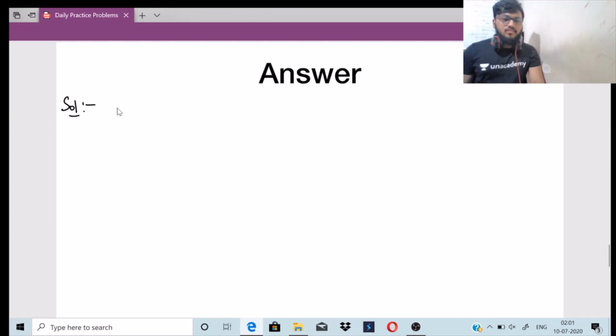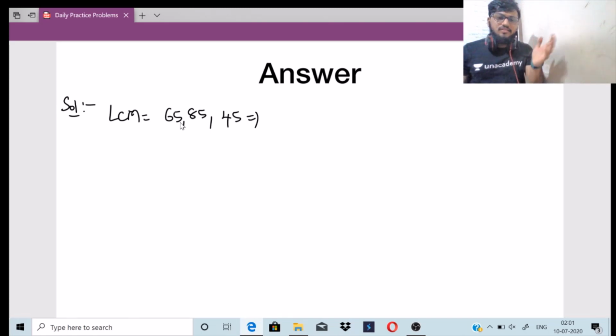So at first what we will do is find out the LCM of 65, 85 and 45. 5 13s are 65, 5 17s are 85. So 5 into 17 into 13, and 5 9s are 45, so it is 3 into 3, right? 5 into 17 into 13 into 3 into 3, you will get it as 9945, right?